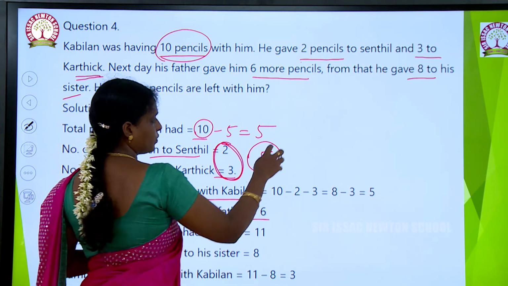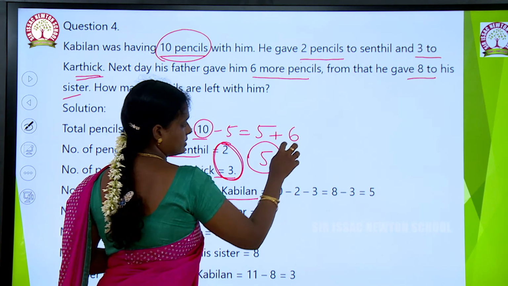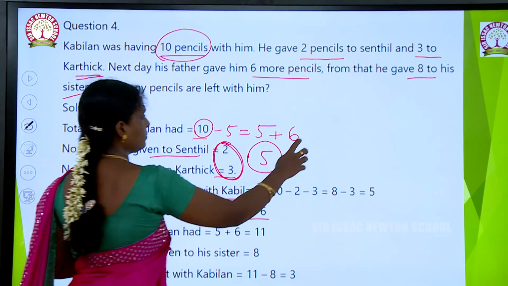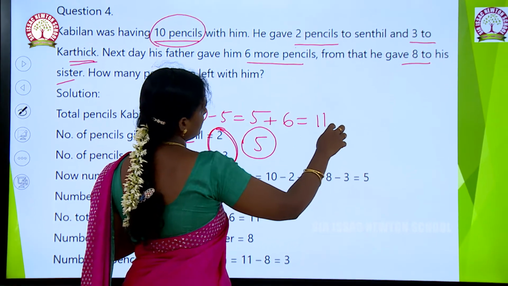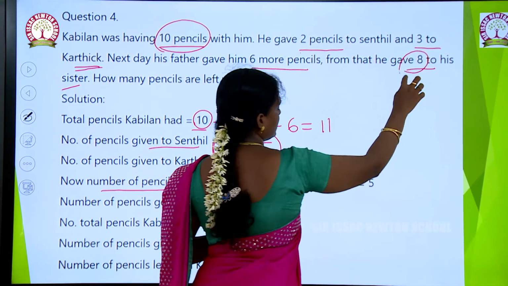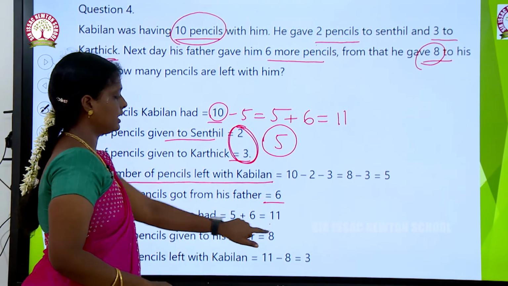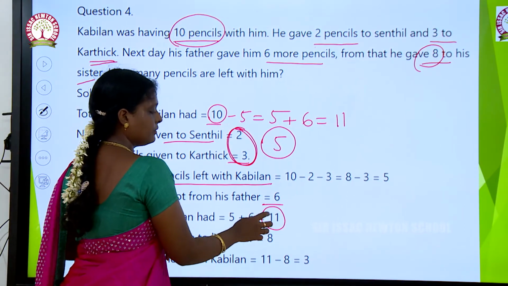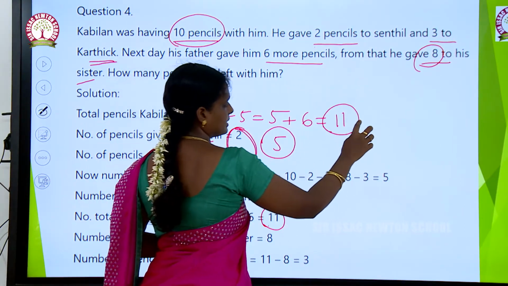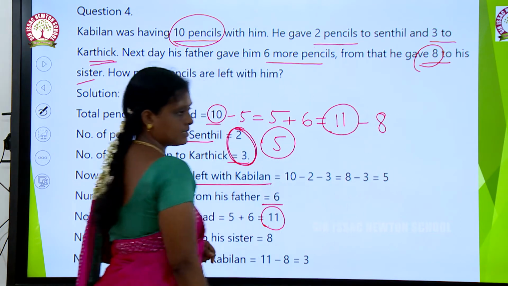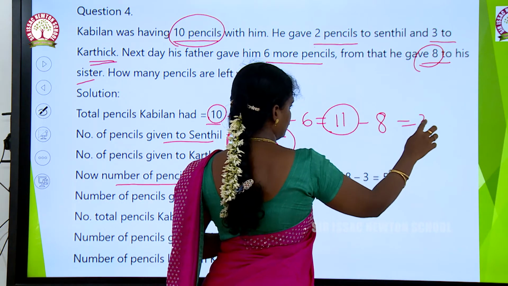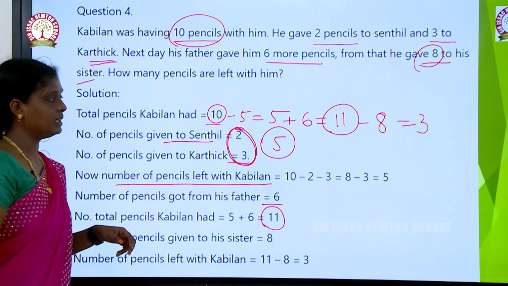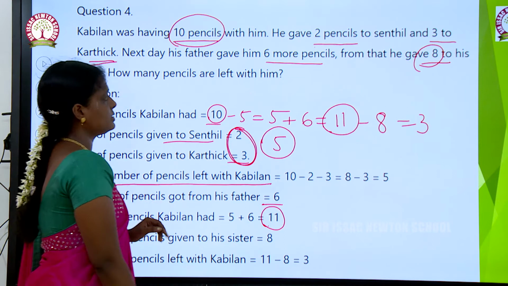Again his father has given 6 pencils to him, right? So 5 plus 6 will become 11. From this 11 pencils he gave 8 to his sister, right? Totally he will have 11 pencils. From this 11 pencils he has given 8 pencils to his sister. So if we subtract 8 from 11 you will get 3. Okay, finally he will have 3 pencils with him.